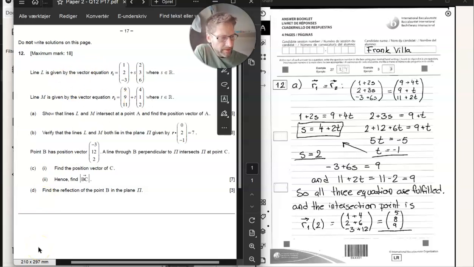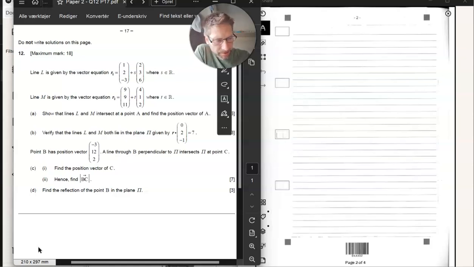Question B. Let's see. We're still in question 12, but now sub-question B is confusing at first, because that's actually what makes this sub-question difficult. It says verify that the 2 lines we just worked with both lie in the plane called capital pi, given by, and then comes an equation that's quite weird.